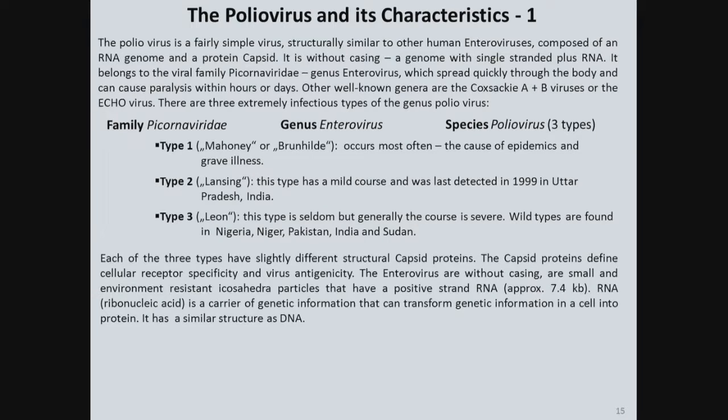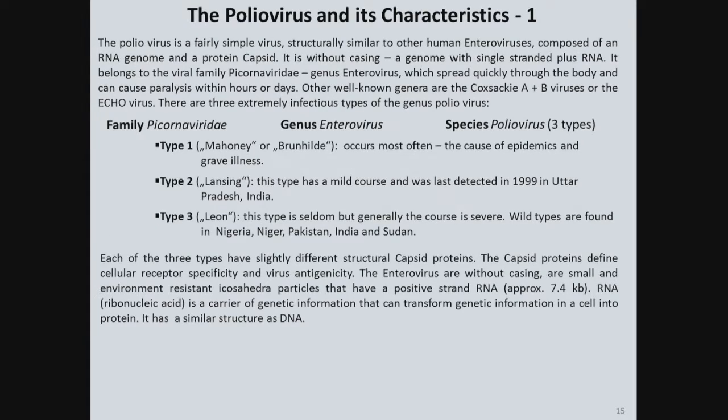Each of the 3 types has slightly different structural capsid proteins. The capsid proteins define cellular receptor specificity and virus antigenicity. The enteroviruses are without casing, are small and environment-resistant icosahedral particles that have a positive strand RNA, approximately 7.4 kb. RNA, ribonucleic acid, is a carrier of genetic information that can transform genetic information in a cell into protein.